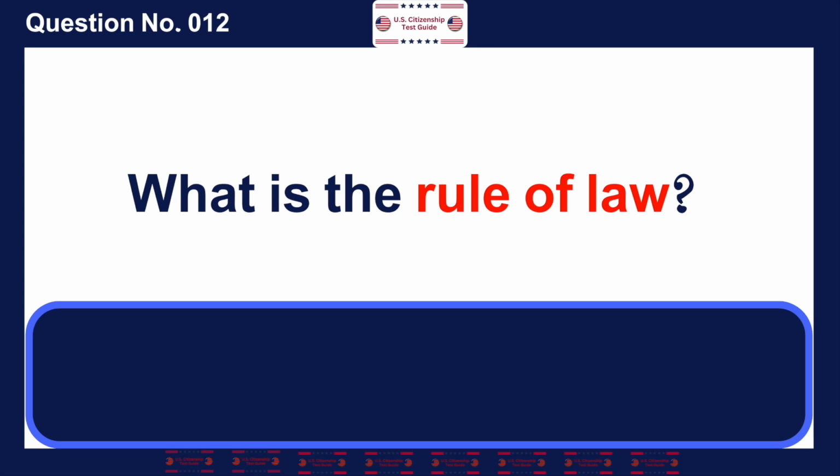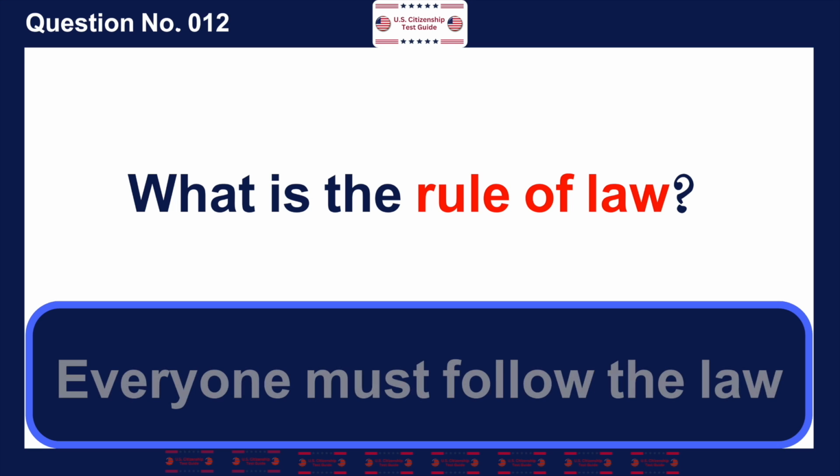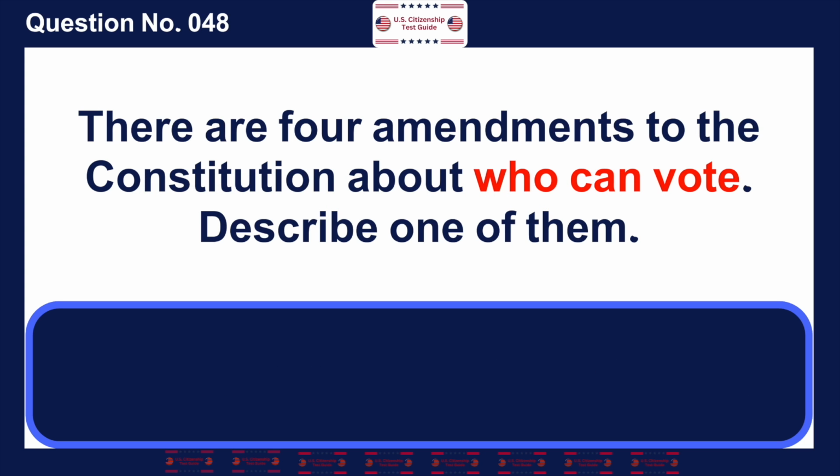What is the rule of law? Everyone must follow the law. There are 4 amendments to the Constitution about who can vote. Describe one of them.